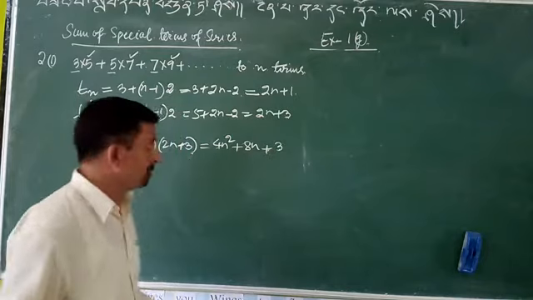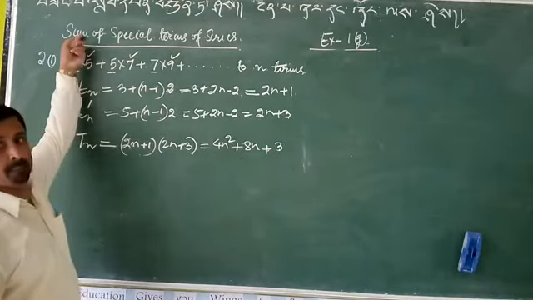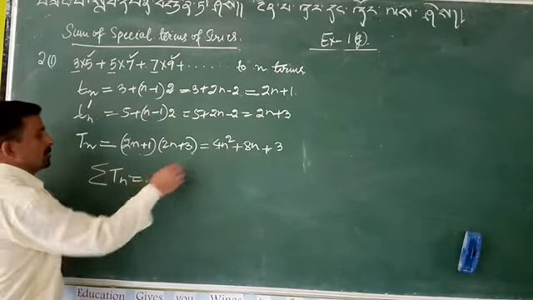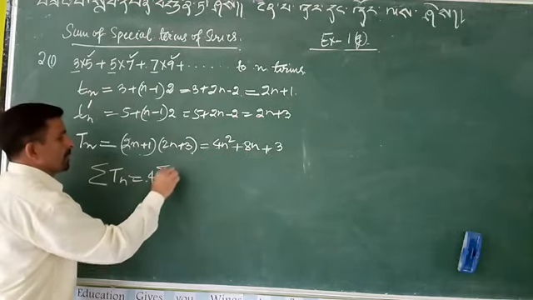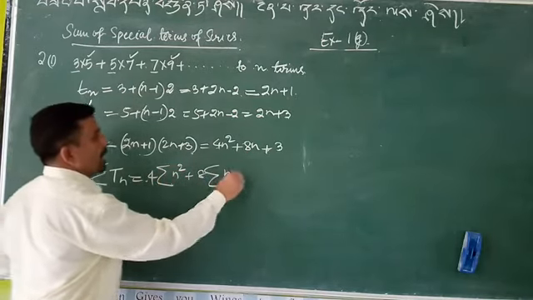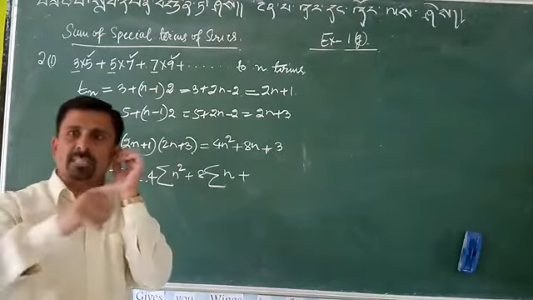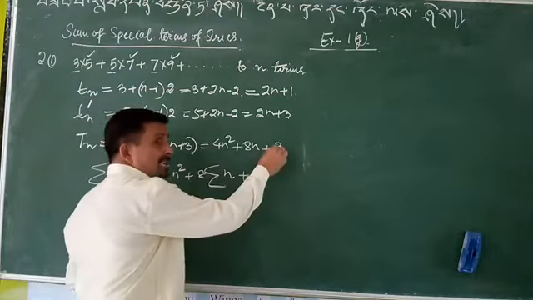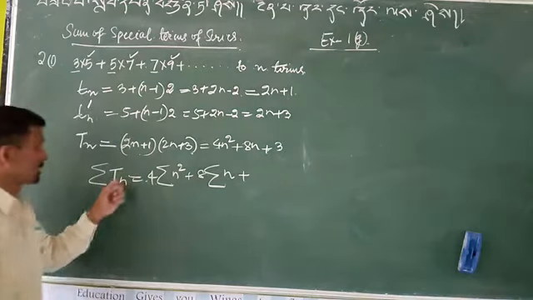I'm going to tell you something. After this, I'm going to find the sum. So we'll say sum of Pn is equal to the sum of all this. So we'll write here 4 out, summation of n square, 8 out, summation of n, and then this is just a constant. With this constant, we cannot use the sum formula because it's just a number, right? But this is repeating for every term, and we are going to calculate the sum of n terms.